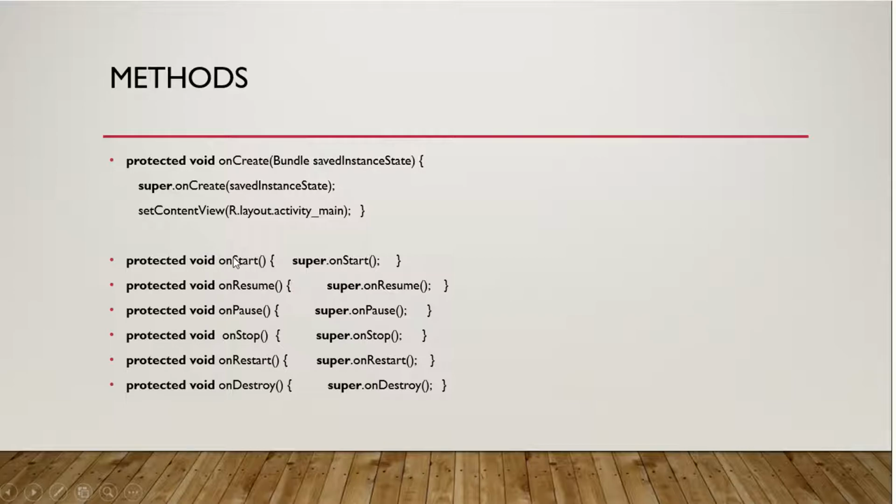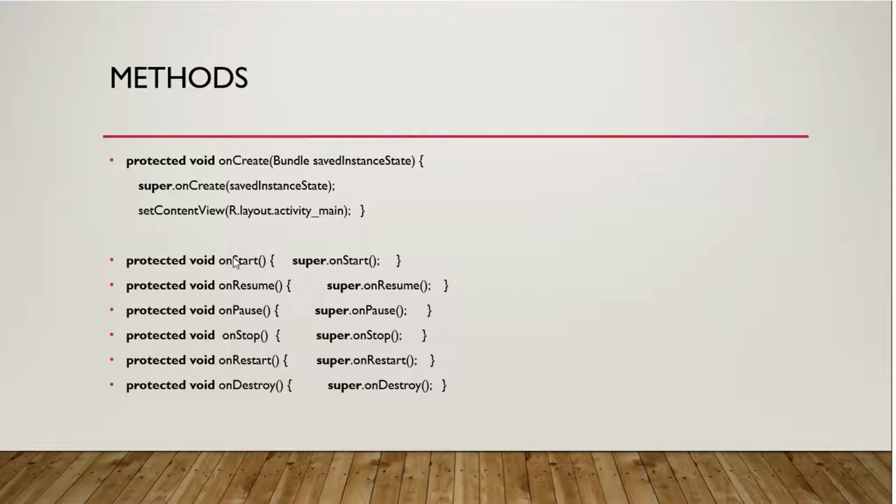After that, we have the onPause method, which is called when the system is about to start resuming a previous activity. This is typically used to commit unsaved changes to the persistent data.